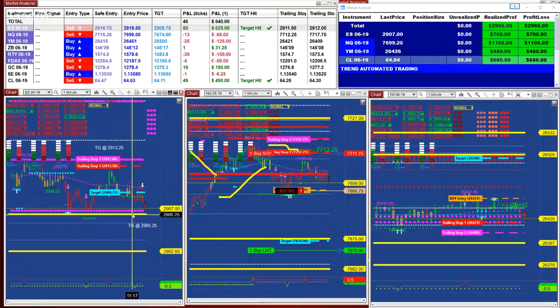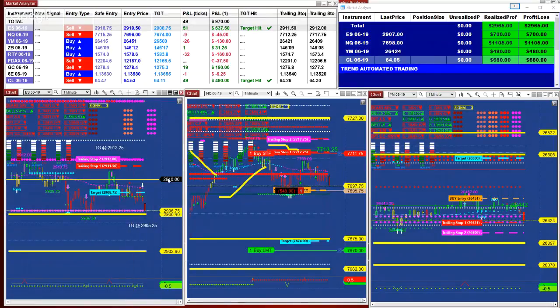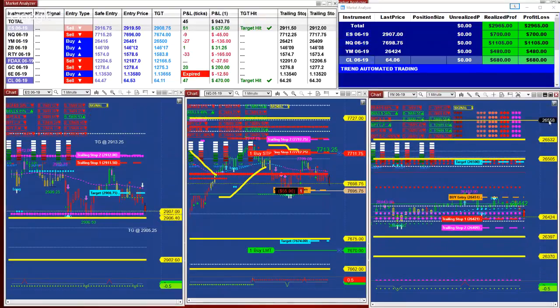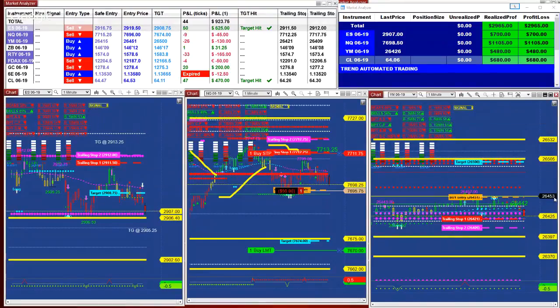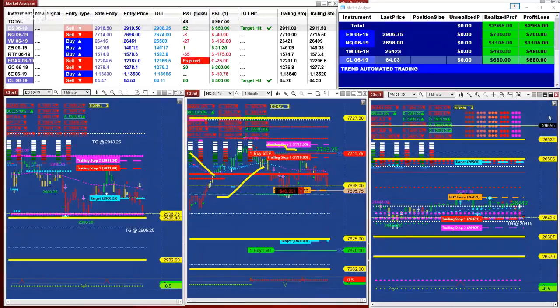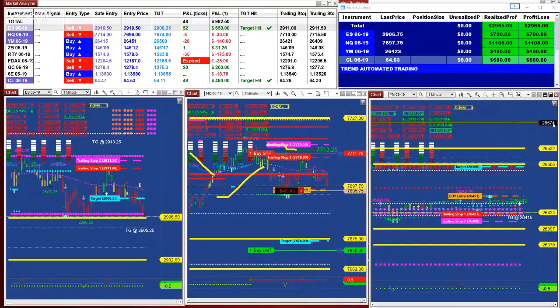Now I'm expecting the 906 to be broken, and we're about to have a new signal on the YM. And as I told you, if we are breaking the 906.75, you need to put a short order at the 93 level, and we have a new signal coming on the YM.